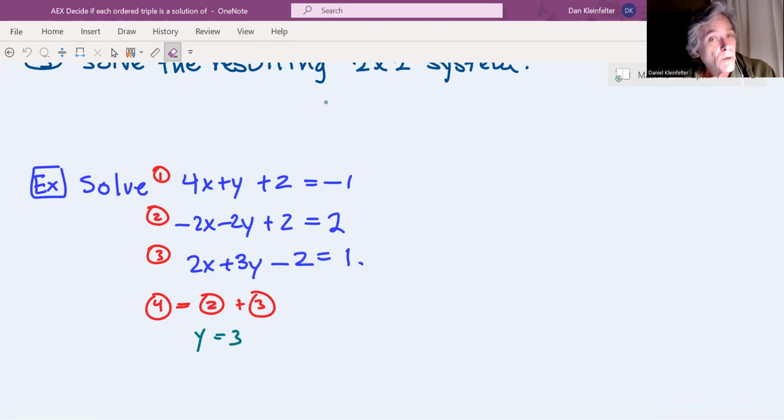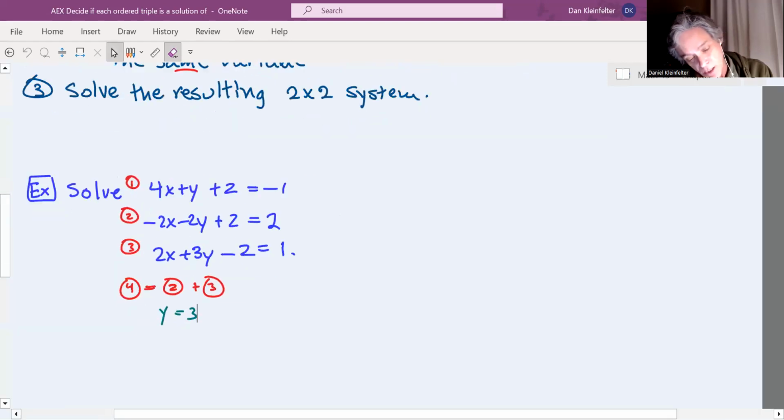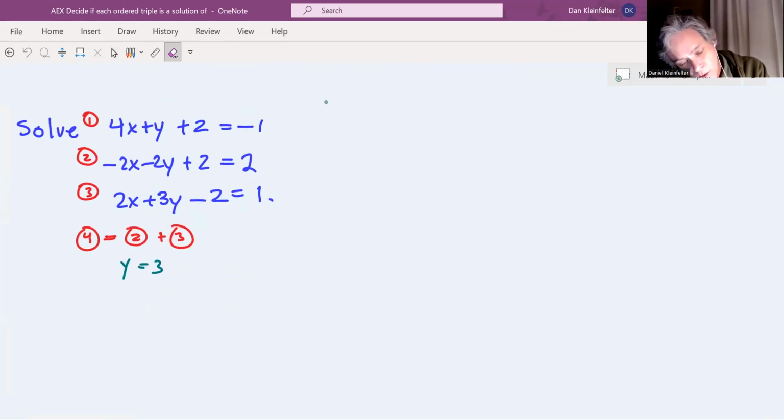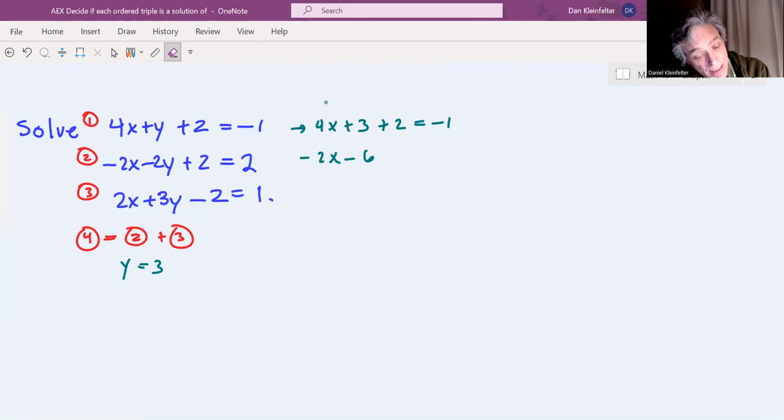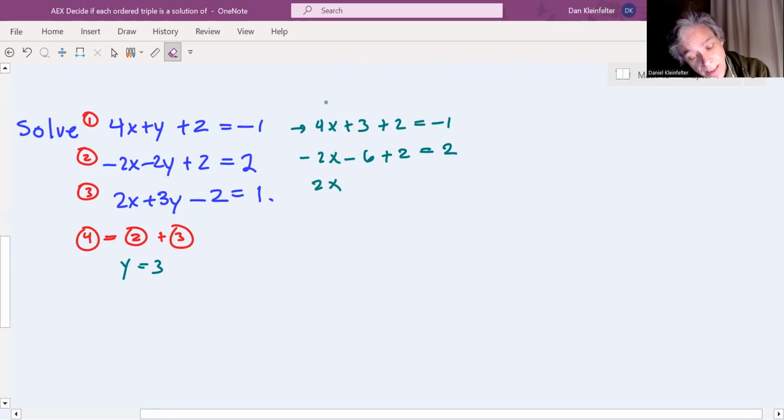And so we can just go ahead and rewrite our system, replacing the y with a 3. So let's do that. We will have 4x plus 3 plus z is negative 1. We'll have negative 2x minus 6 plus z is 2. And then 2x plus 9 minus z is equal to 1.